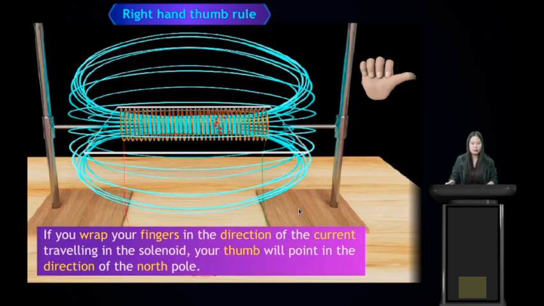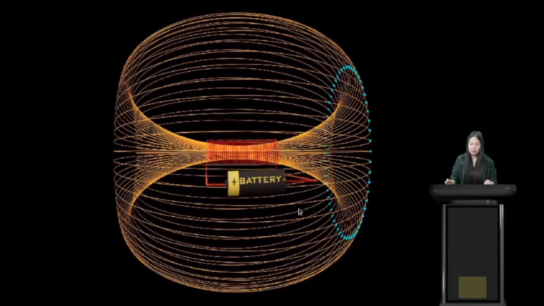So what is the right hand thumb rule in case of a solenoid? If you wrap your fingers in the direction of the current traveling in the solenoid, your thumb will point in the direction of the north pole. Now once we identify the north pole, we know that the direction of magnetic field lines is from north pole to south pole, right? So with the help of this right hand thumb rule, we can determine the direction of magnetic field lines due to a solenoid or in the solenoid.